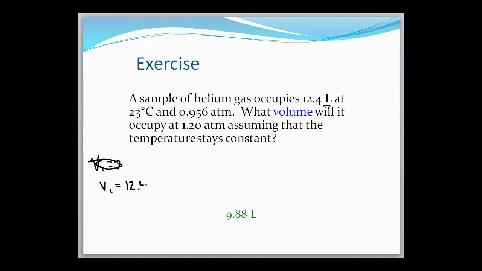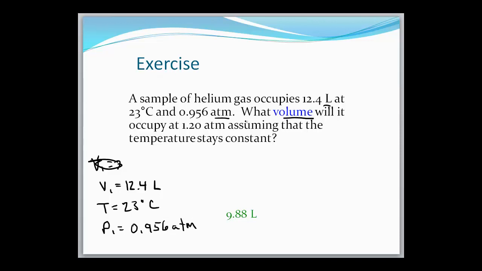equal to 12.4 liters. That's at 23 degrees Celsius, so that's a temperature unit. So I'm going to write 23 degrees Celsius at 0.956 atmospheres. Atmospheres is a pressure unit. So I'm going to write pressure, 0.956 atmospheres.